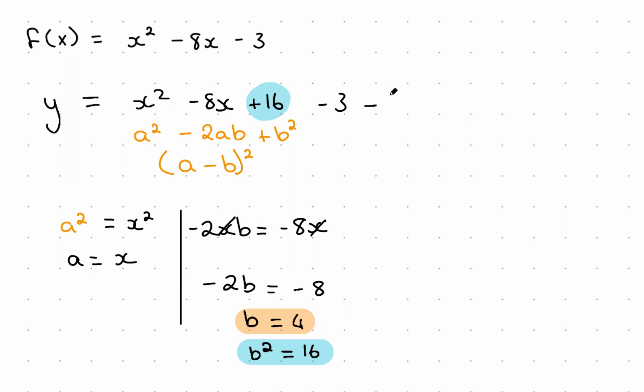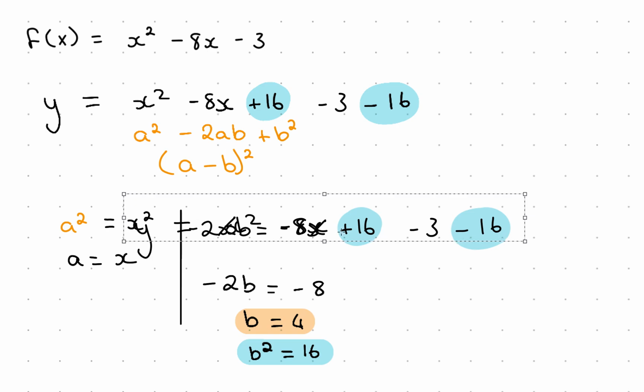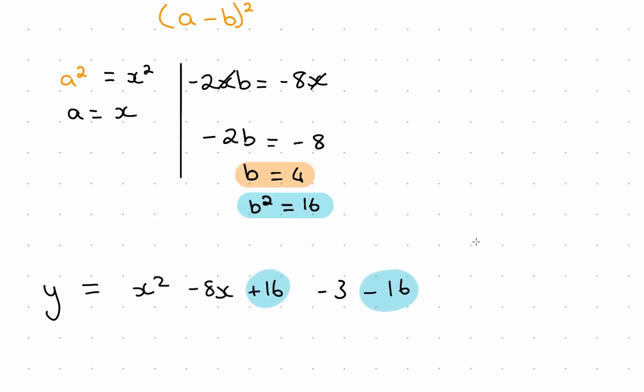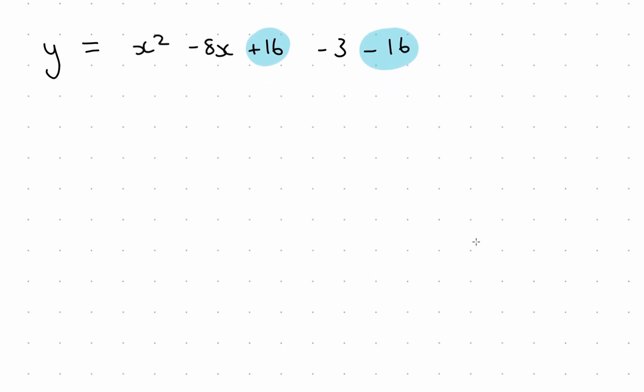And so I'm going to take away 16 at the end here as well. So all I've done there is added in the b squared to suit my needs to be able to restructure it. But if I take away 16, I've not actually changed the value of the function at all. Again here, what I'm going to do is bring down the function so we can do our factorising and our completed square and finish off the question.